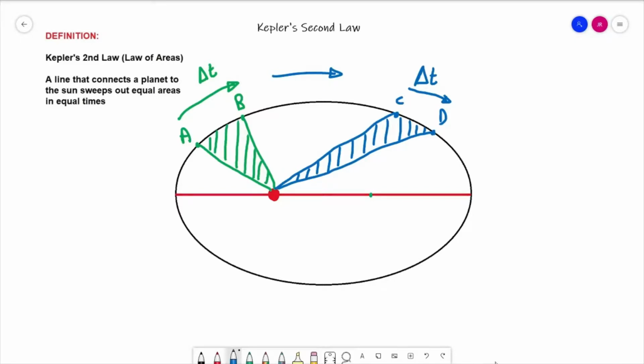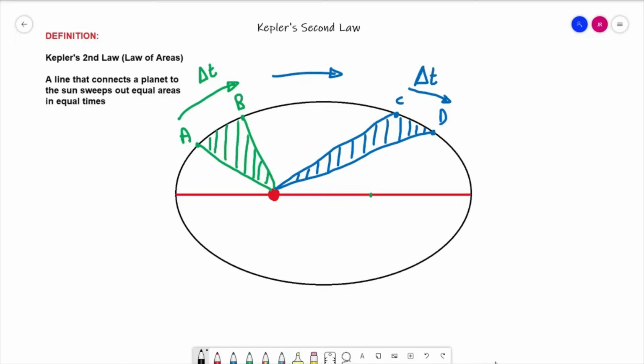It's interesting then to look at what the implications of Kepler's second law are. Now, I know that the ellipse I've drawn is slightly exaggerated, but hopefully it will make the point. We can see that points A and B are closer to the Sun than points C and D. Now, with A and B being closer to the Sun, the 2 green lines that I've drawn in here must be shorter than the 2 blue lines.